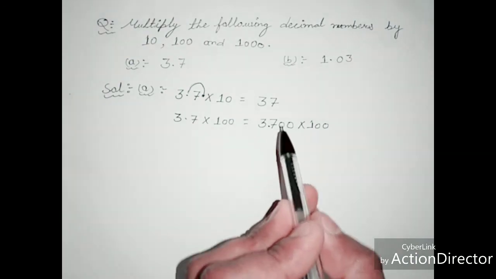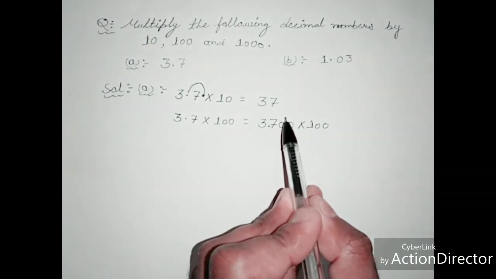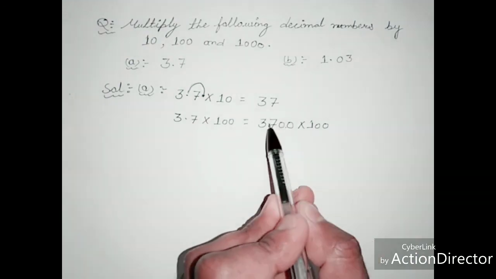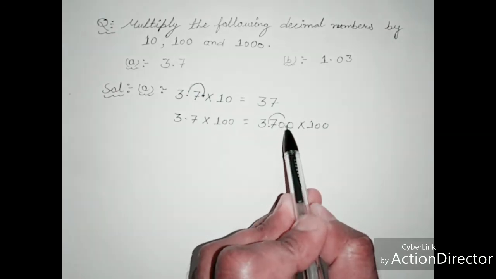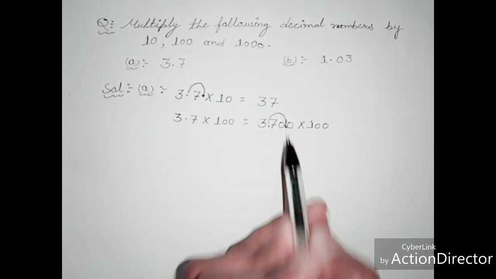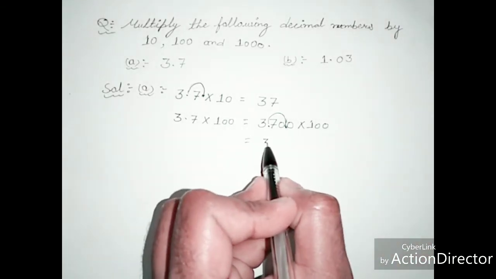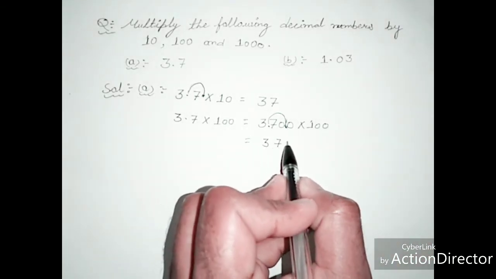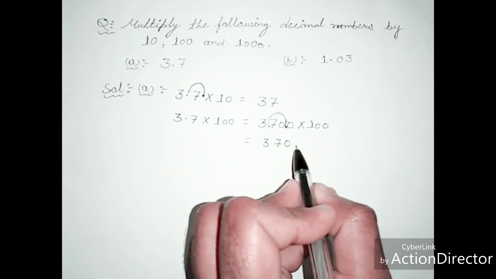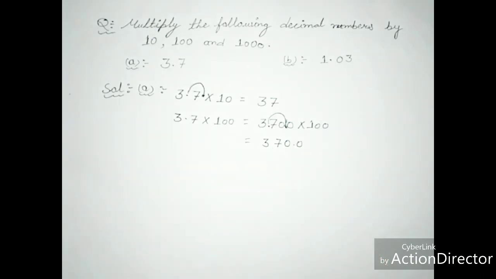So this decimal shifts from here to here. So we get 370.0 or 370. So when we multiply 3.7 by 100, we get the product 370.